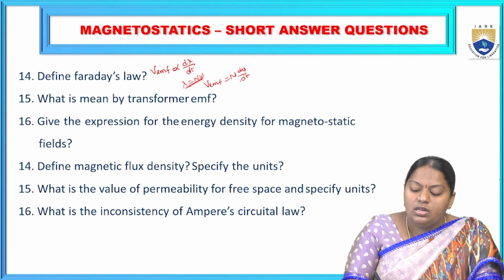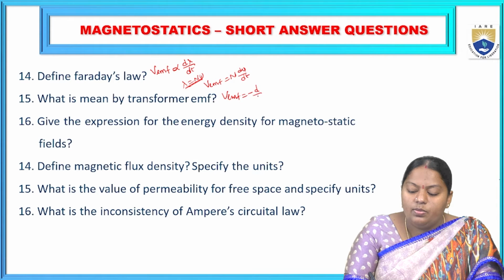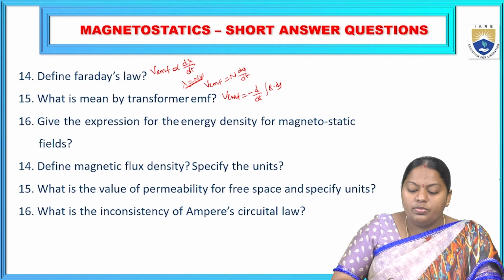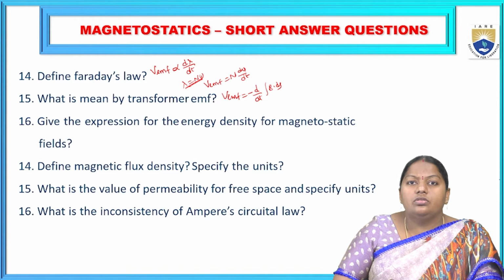If you substitute flux density, V_EMF is equal to minus d by dt integral B dot dS. This is the transformer EMF. It is produced due to stationary action, hence the name transformer EMF.